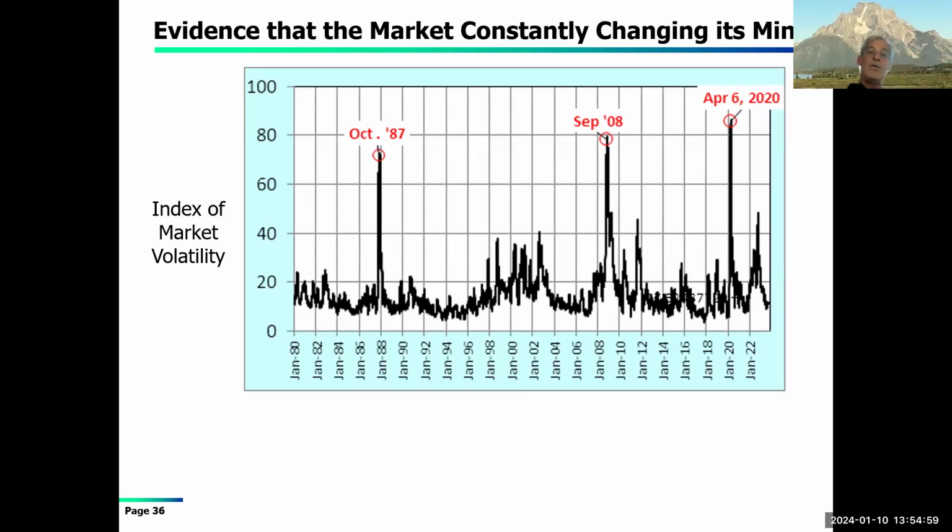So what this tells you is events are going to occur that we cannot predict.